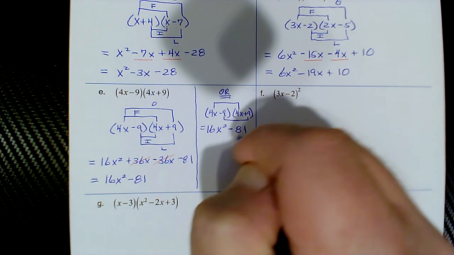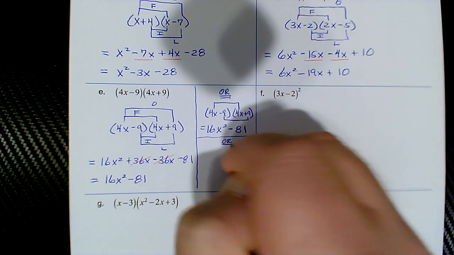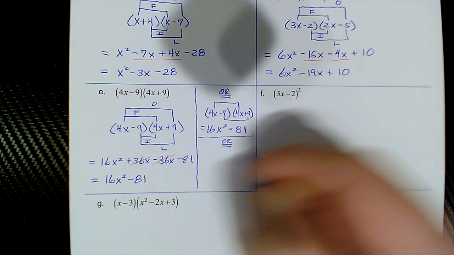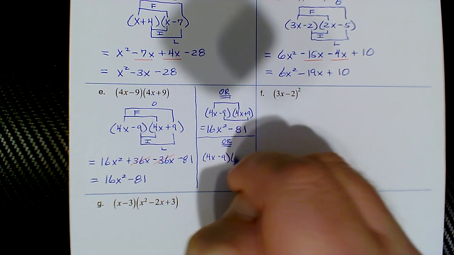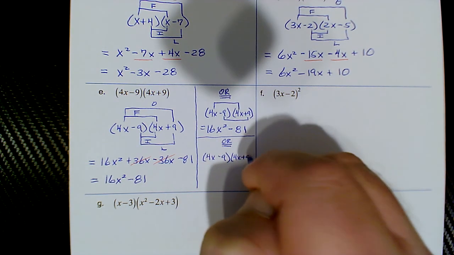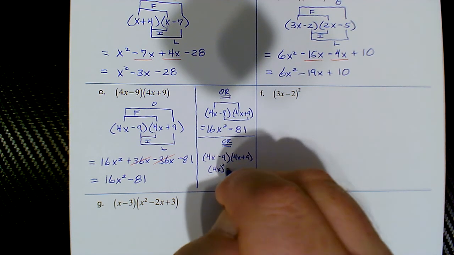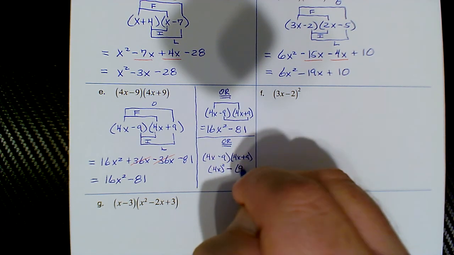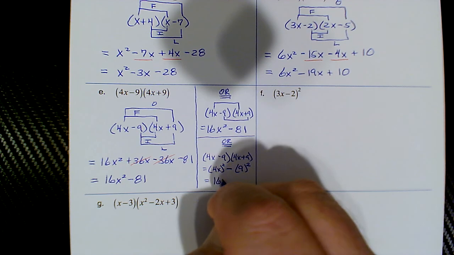Or there's a method, and that would be to use the formula, which says to square the first term and then minus the square of the second term. And you can see we get 16x squared minus 81 that way as well.